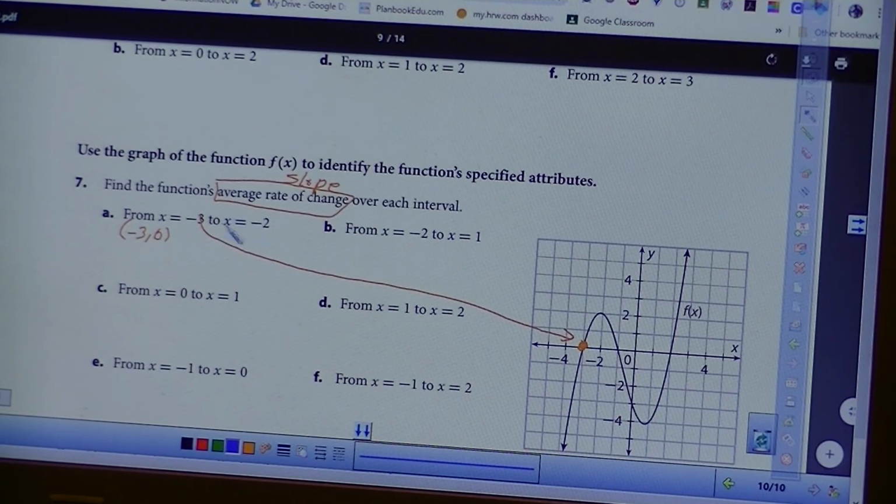So how about x equals -2? Where is x equal -2? Well, not here. That's the axis. Where on the curve does x equal -2? Well, it equals -2 right here. And so what is the ordered pair for that? Well, that's -2, 2.